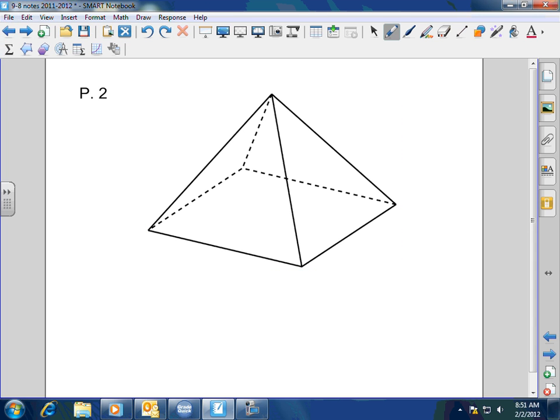I've got this pyramid here, and let me go ahead and label it. We've got P, O, J, K. They have a diagonal, which I'm going to do in red. I mean an altitude right here.